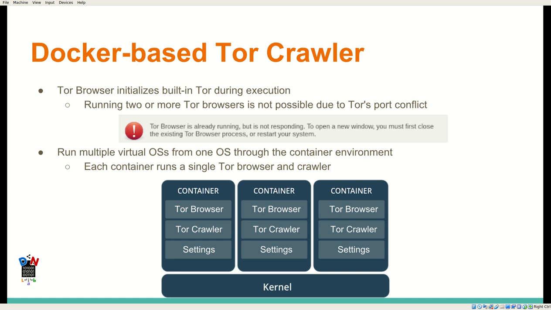Our system runs multiple containers on one operating system and runs the Tor browser and crawler in each container. Because containers share the resources of a single computer, we can maximize the use of computing power.